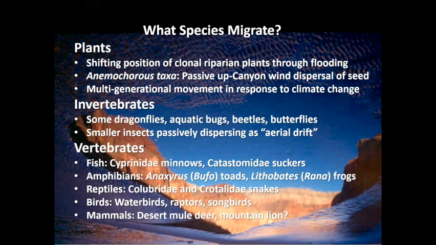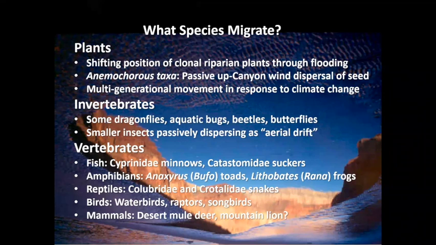Now, is that migration? It's life cycle based, it can be annual depending on the plants, but that is certainly directional movement, and it's a movement that keeps them in the riparian habitats that they need to be in. Otherwise, those species wouldn't occur in river systems. They've got a movement pattern that allows them to persist in their landscape.